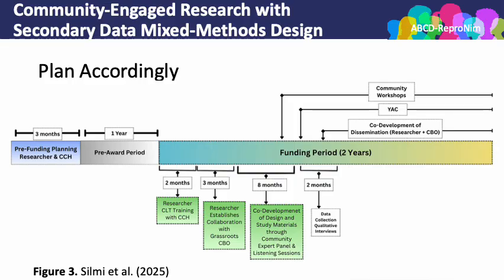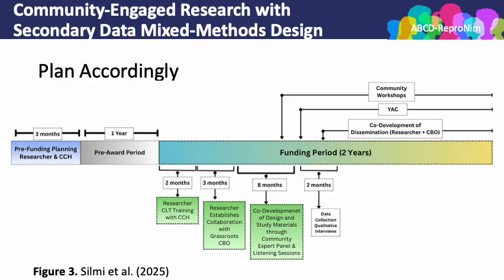And so you can see that most of the time when you apply for funding, it's like a 1-year cycle. Prior to that 1 year waiting period, whether we would get awarded, we had a 3-month runway of building this relationship with our community partner, and then the particular award that funded this mixed method study with the ABCD data was a 2-year award.